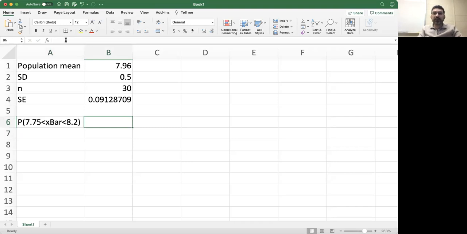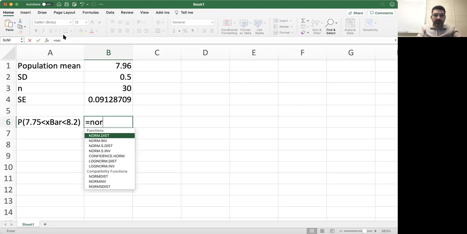Don't forget, we still follow the same rules for getting the probabilities from the normal distribution, same idea. If you need to find the area between 2 points, you will find the large area and subtract from it the small area, which means you first find the area for 8.2.